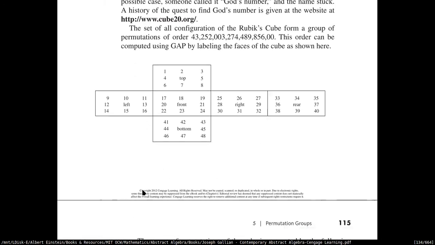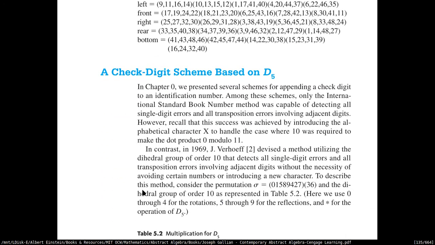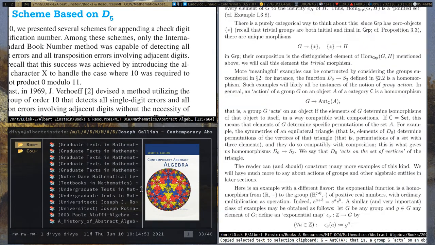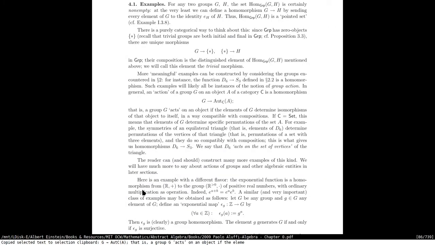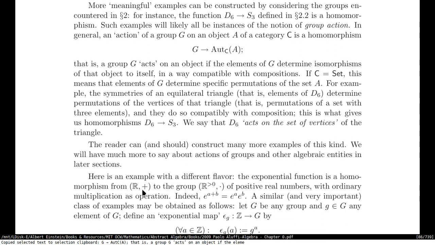Okay. Yeah, so anyway, D6 represents the dihedral group of the hexagon. And with this you can have a quote-unquote action on the set of vertices of the equilateral triangle.